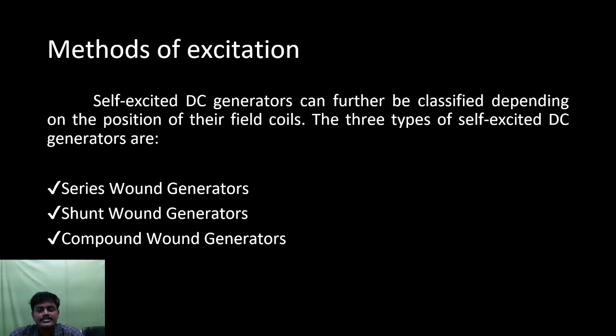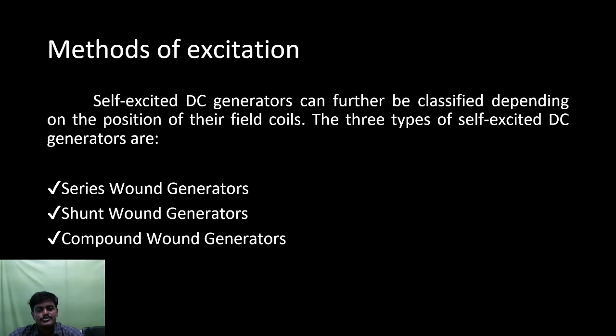Self-excited DC generators can further be classified depending upon the position of their field coils. We already said that the field coil only produces the magnetic flux in the generator.